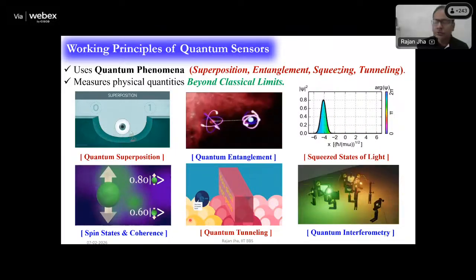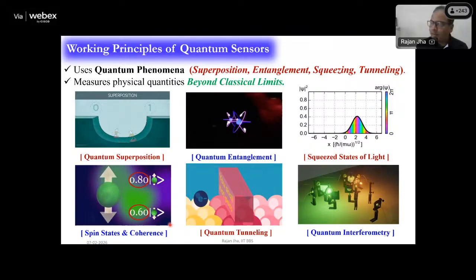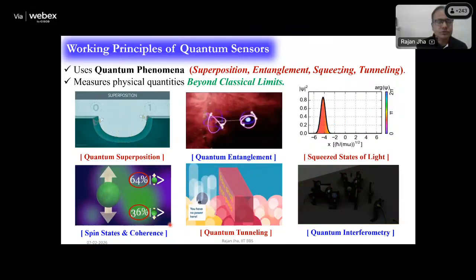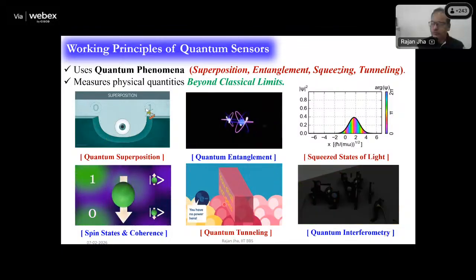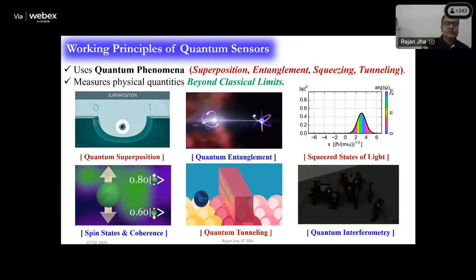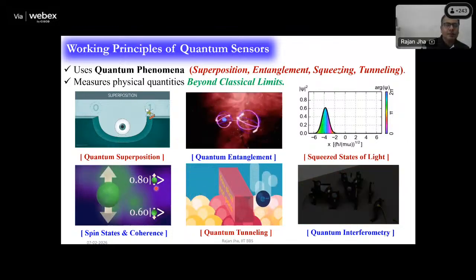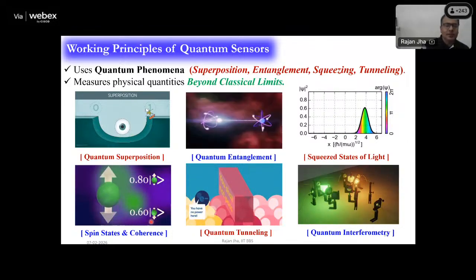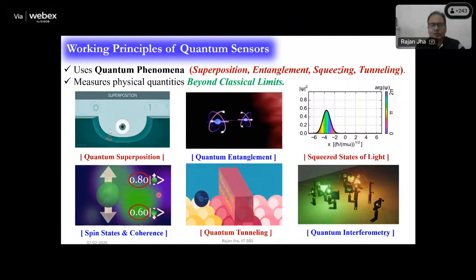People who talk about quantum computers, and there is a lot of measurement associated with quantum computers or quantum systems, basically use the spin state or the coherence associated with it. That means they try to measure spin up or spin down, and then it's in the superposed state, which is utilized for the development of quantum sensors.